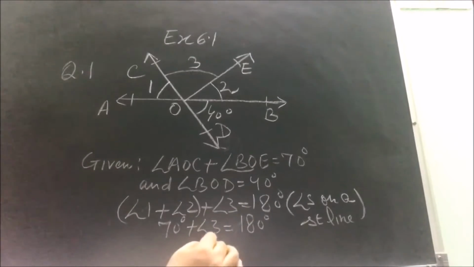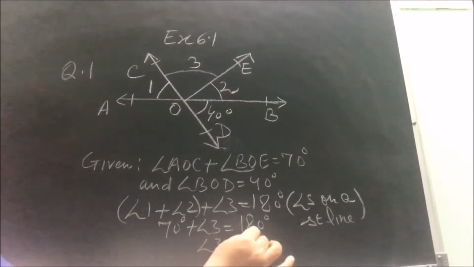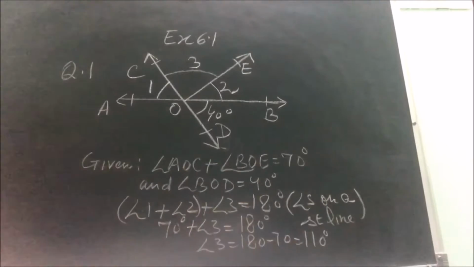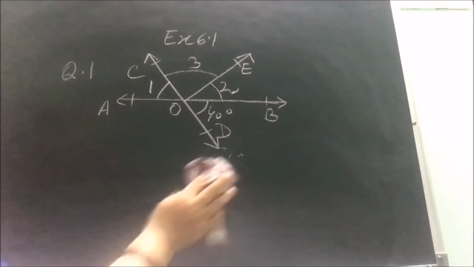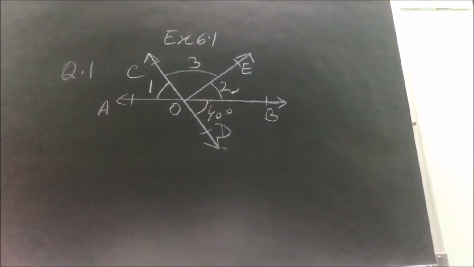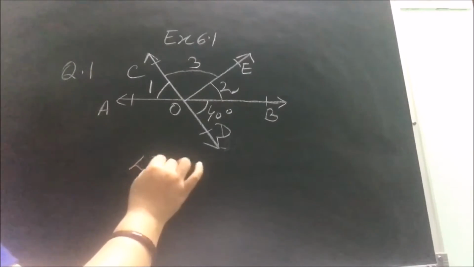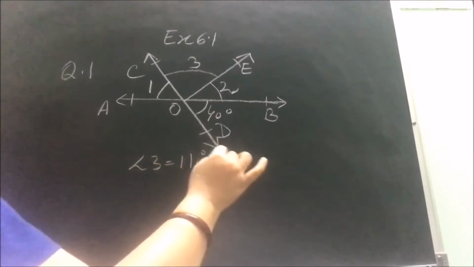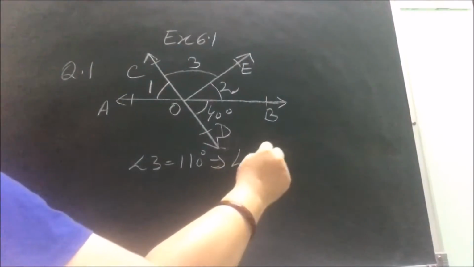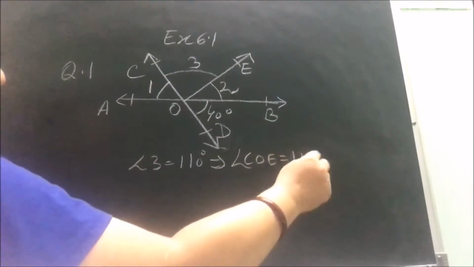So what is angle 3? It is 180 minus 70, and it will be 110. Angle 3 is 110. That means the proper name of angle 3 is COE, so angle COE is 110 degrees.